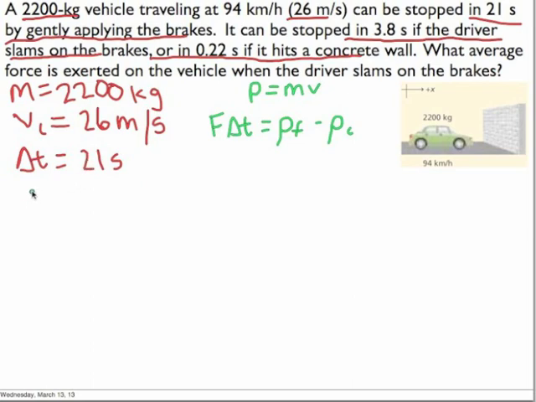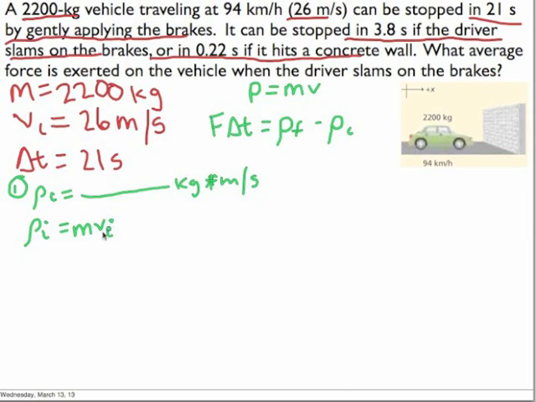First thing we need to do is we need to find our initial momentum and our final momentum. So that'll be the first thing we do, is find our initial. And it's in kilograms times meters per second. I'll try and make this, maybe that looks a little more like a multiply for you guys. So our initial momentum is equal to our mass times our initial velocity.